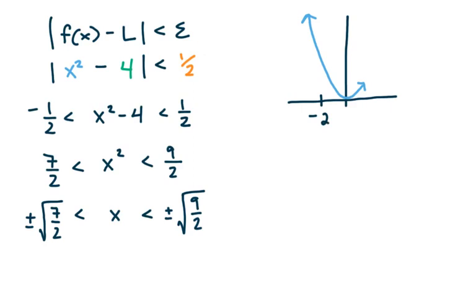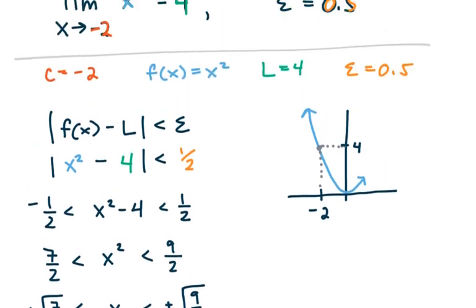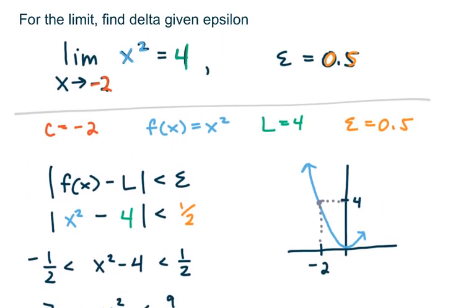And at x equals -2, we reach a point which gives us y equals 4. Okay, and that should tie in with our limit, right?